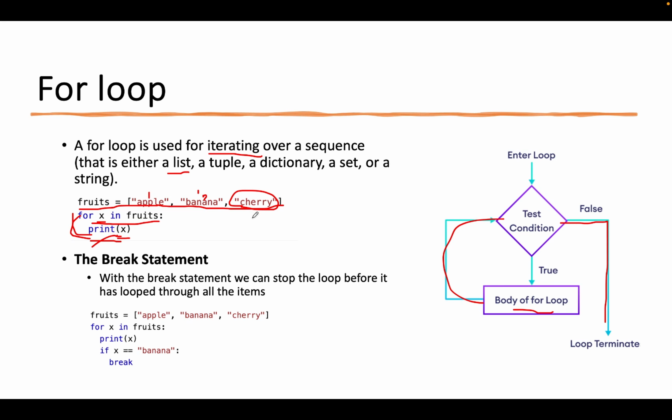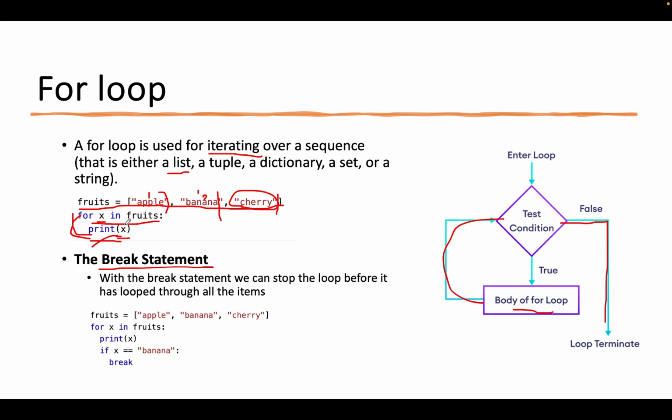So it is possible for you to state where the for loop will stop, right? You can tell the for loop, say after printing this one, stop, or after printing the second one, stop, or after printing the third one, stop, something like that, right? So you can use the break statement to stop the for loop from going till the end of the list, right?